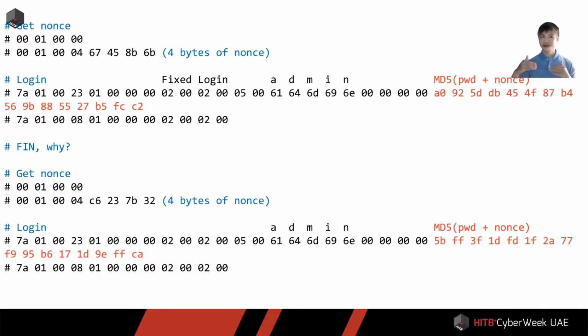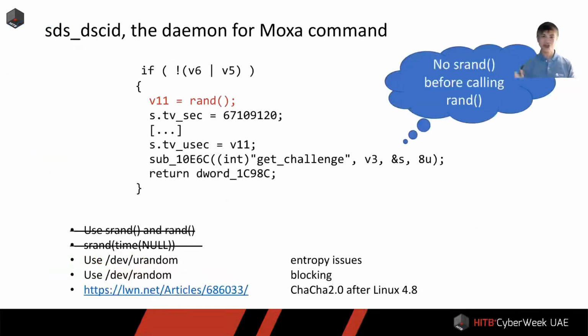And the thing is that if the nonce is really random, then it's game over here. We would have to find another way to exploit something else. But when God closes the door, he opens a window. So here's the window.